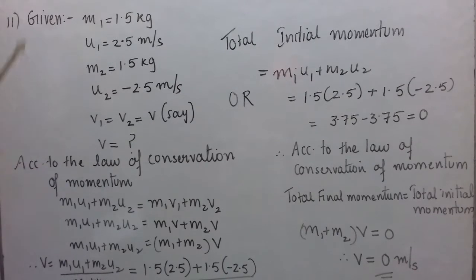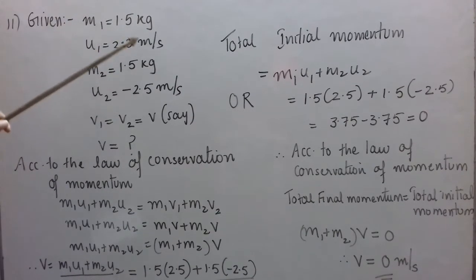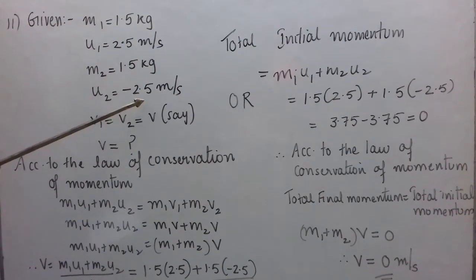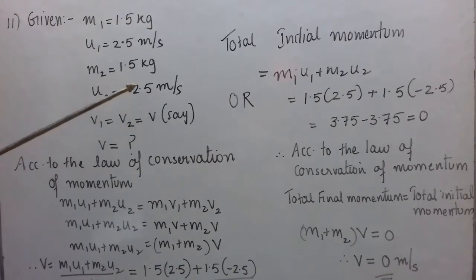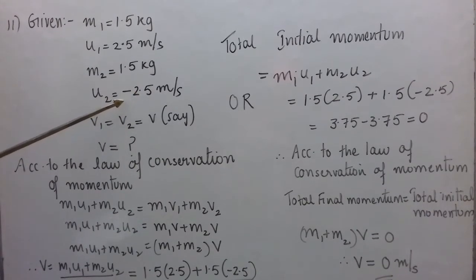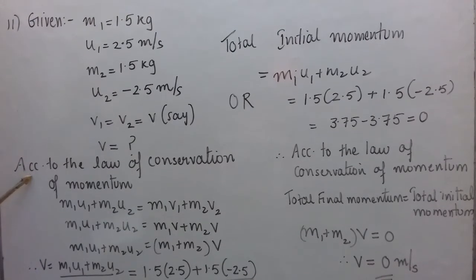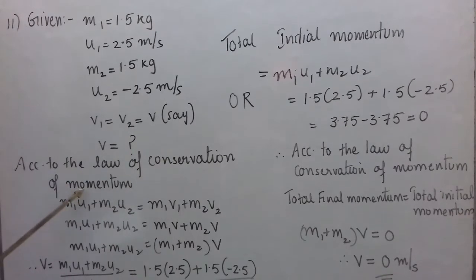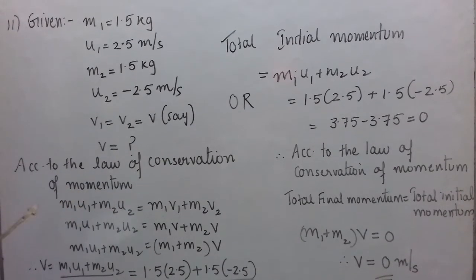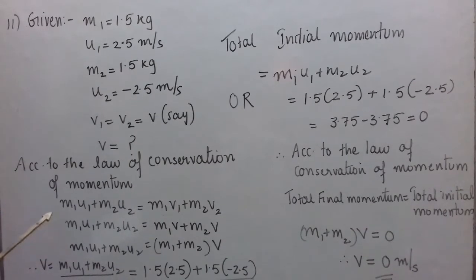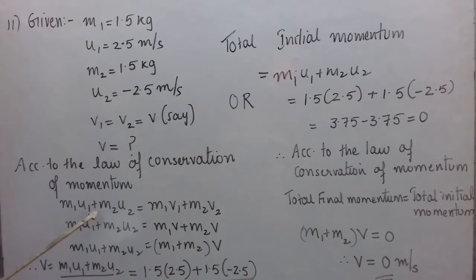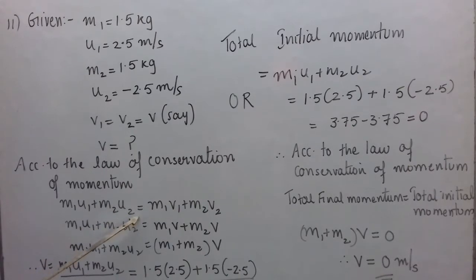Okay, so let us see if any conversion is required. Everything has units in the same system, SI units. So we'll use the law of conservation of momentum. According to the law of conservation of momentum, total initial momentum is equal to total final momentum, or mathematically m1 u1 plus m2 u2 is equal to m1 v1 plus m2 v2.